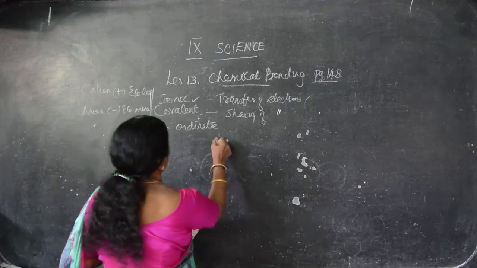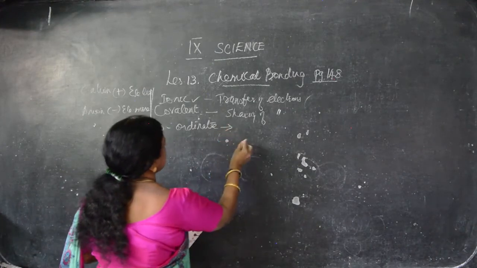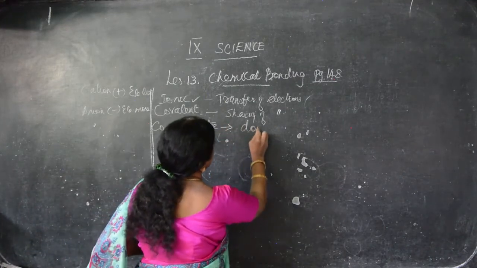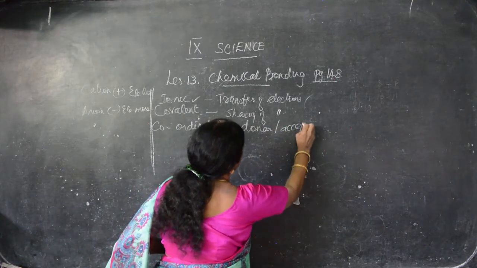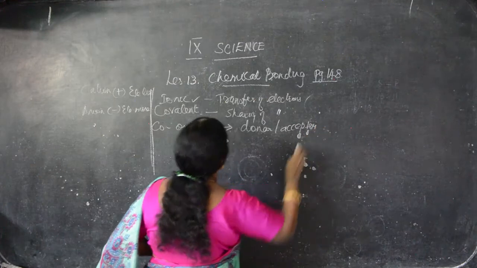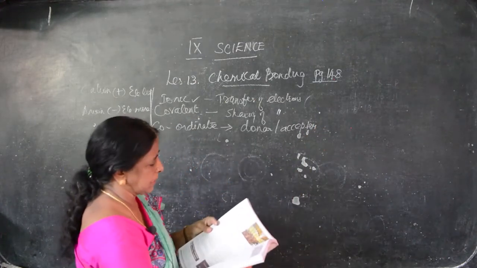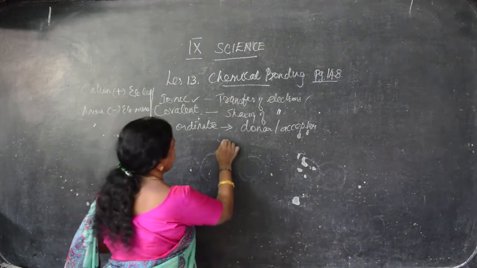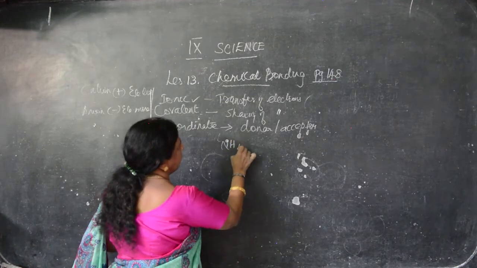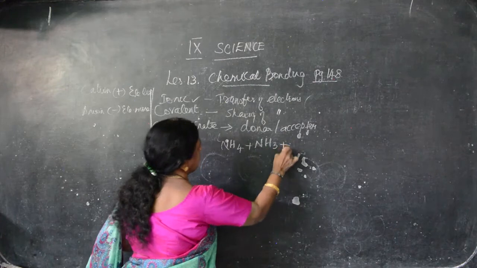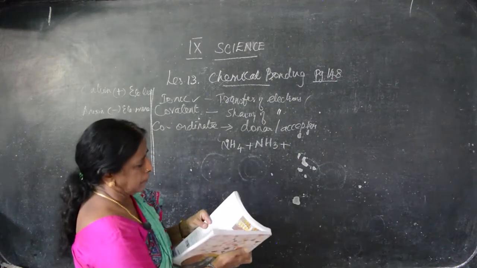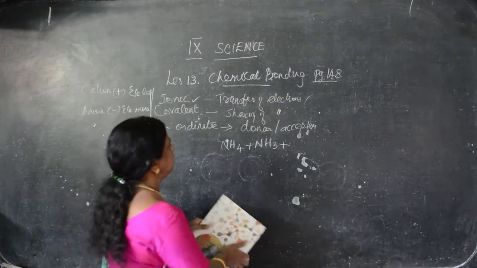So the coordinate compound has a donor and an acceptor. Both are present in that. For example, NH4 plus NH3. We can present it by the dot.